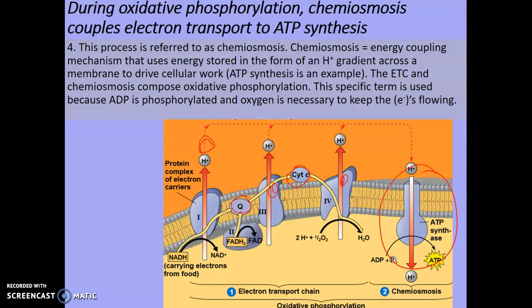Chemiosmosis is an energy coupling mechanism that uses energy stored in the form of a hydrogen gradient across a membrane to drive cellular work. The electron transport chain and chemiosmosis compose oxidative phosphorylation. This specific term is used because ADP is phosphorylated into ATP and oxygen is necessary to keep the electrons flowing.